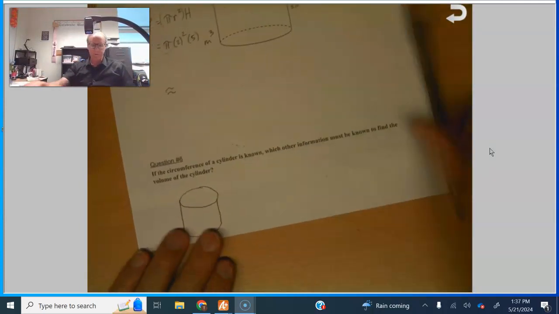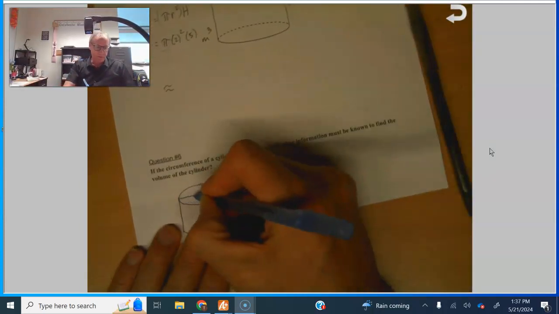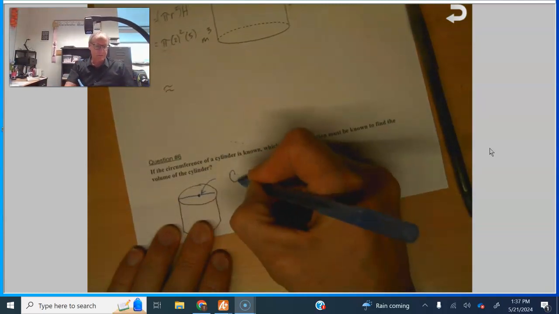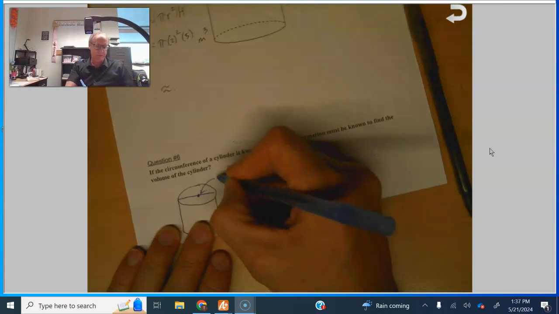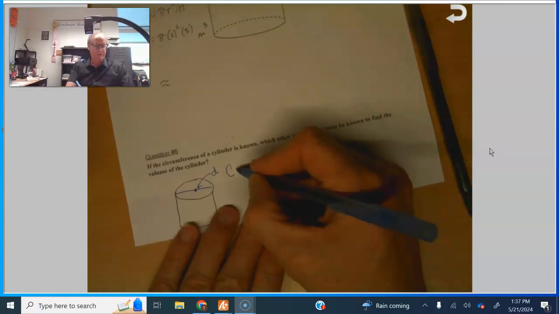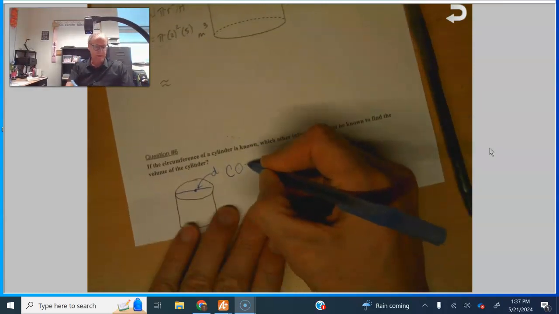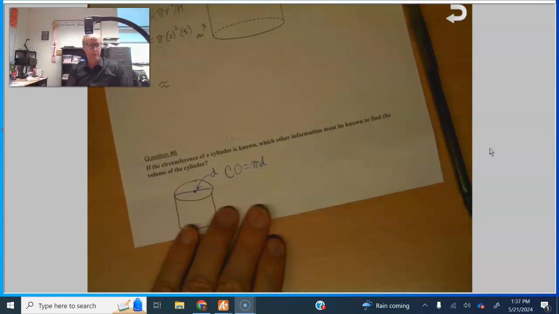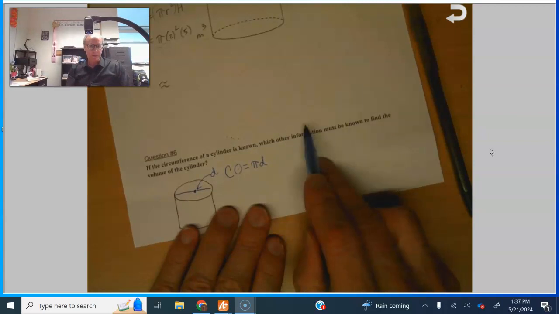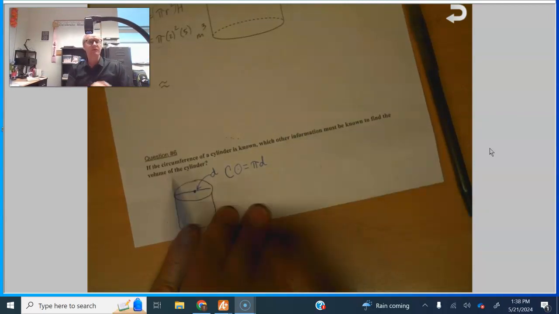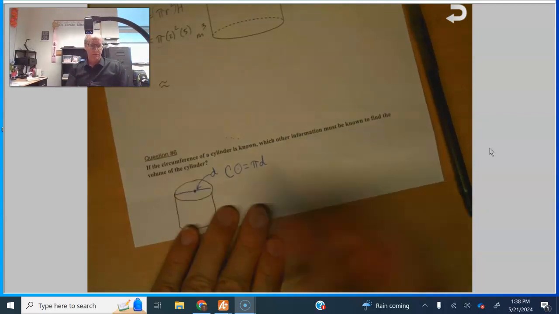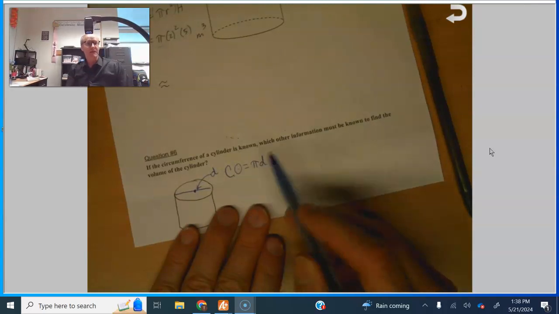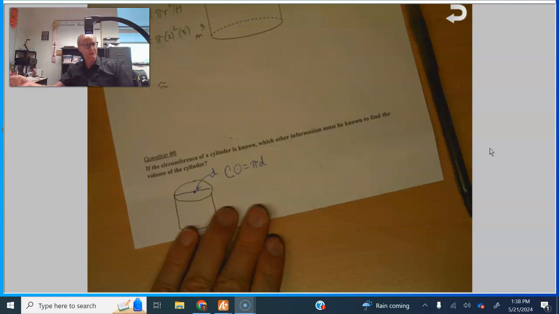And if you know the circumference, then you also know the diameter, because the circumference of any circle is equal to pi diameters. That's always true. What other information is needed to find the volume of the cylinder? So if you know the circumference, you can find the diameter, and then you'll know something else.